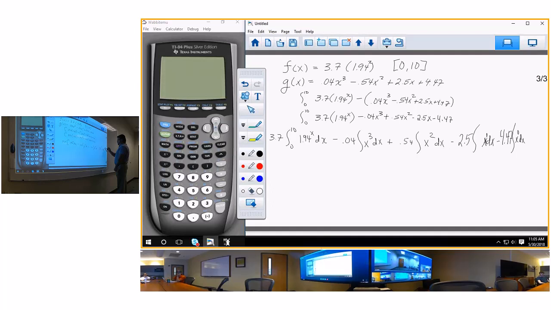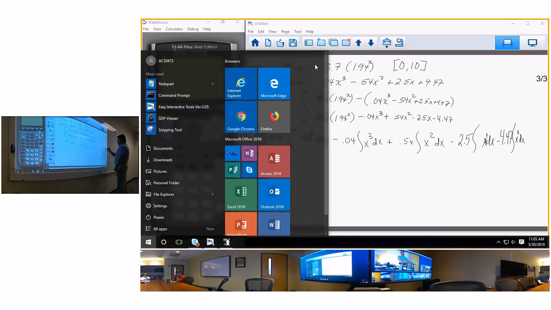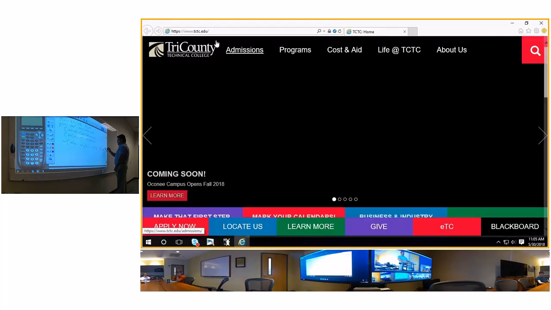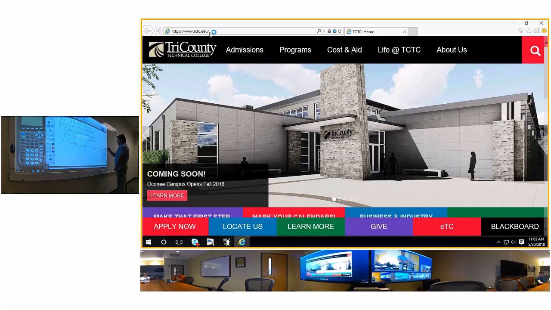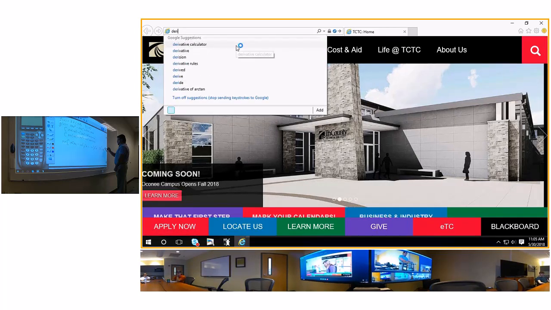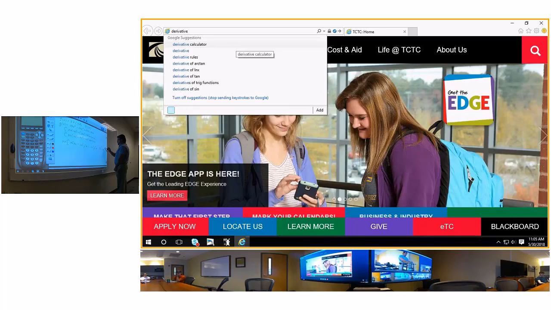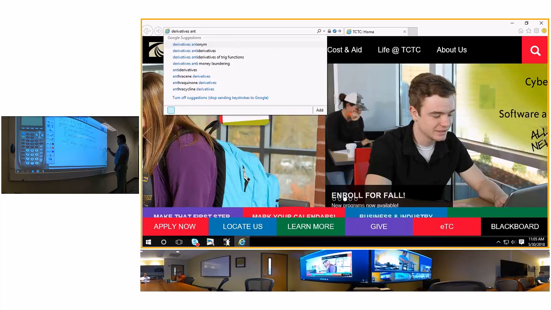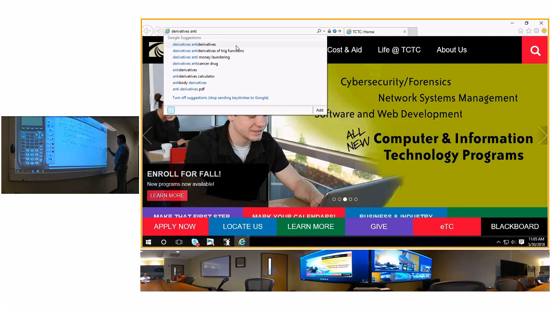So let's go back to the cheat sheet that I gave y'all back in 130. I'm just going to pull it up because this is what you ought to do. Go to the handy-dandy derivatives, antiderivatives cheat sheet. Type in derivatives or antiderivatives worksheet. I can't spell worth a flip.